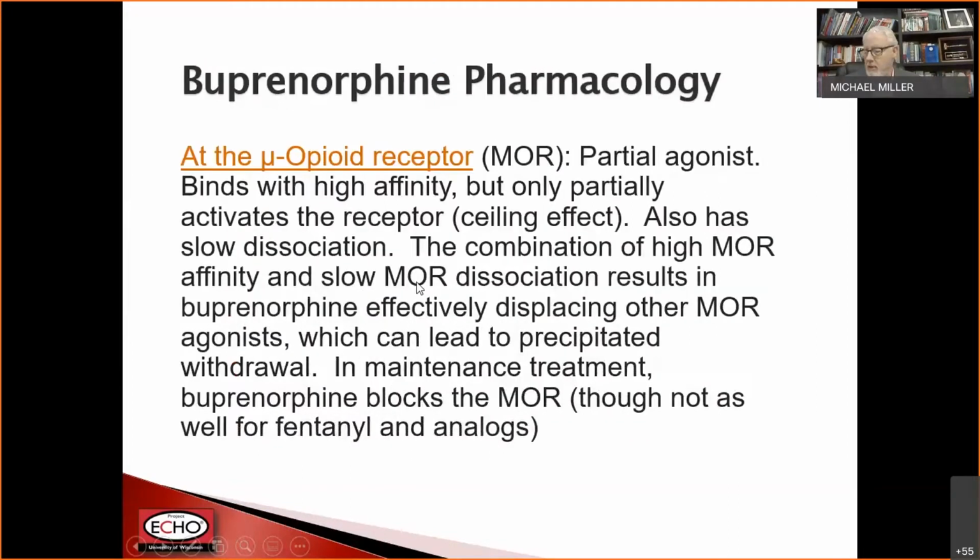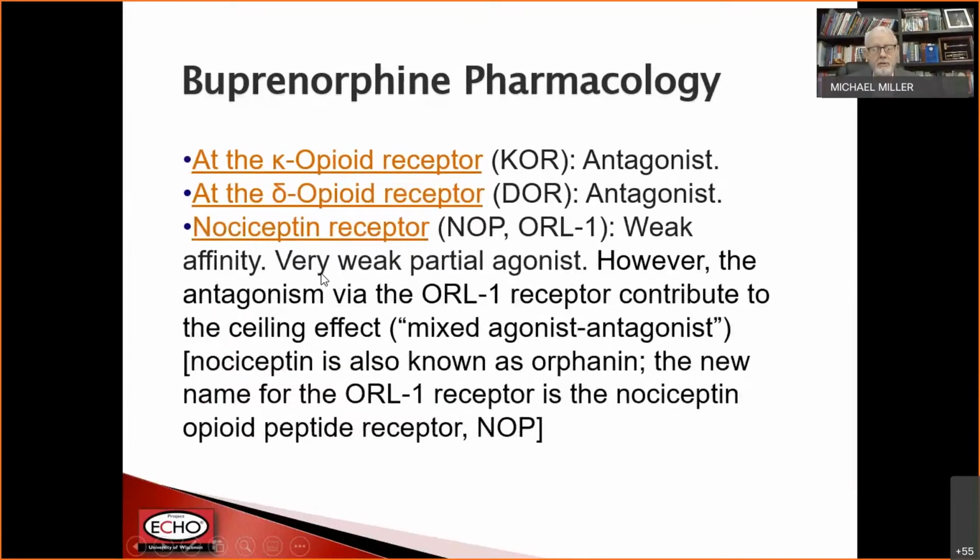And the pharmacology is really not the focus of this, but just to review very quickly, it binds at the mu-opioid receptor, but also is an antagonist at kappa and antagonist at delta. And it also works somewhat on another receptor where the ligand is something called orphanin or nociceptin. It's had two different names. And so it's not an opioid, so it was called an opioid receptor-like receptor.